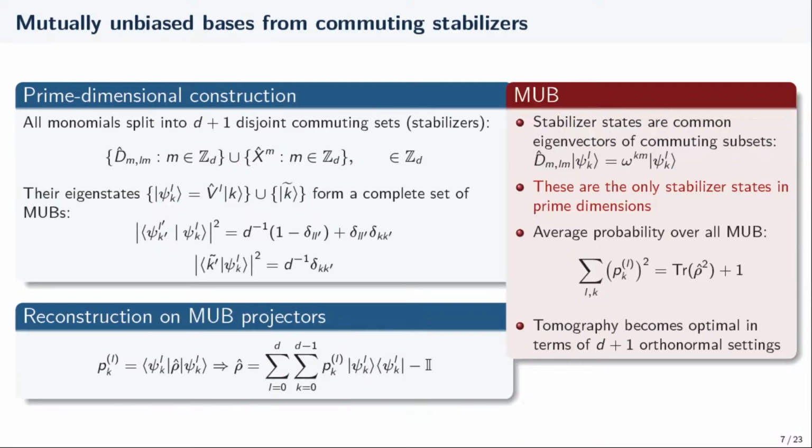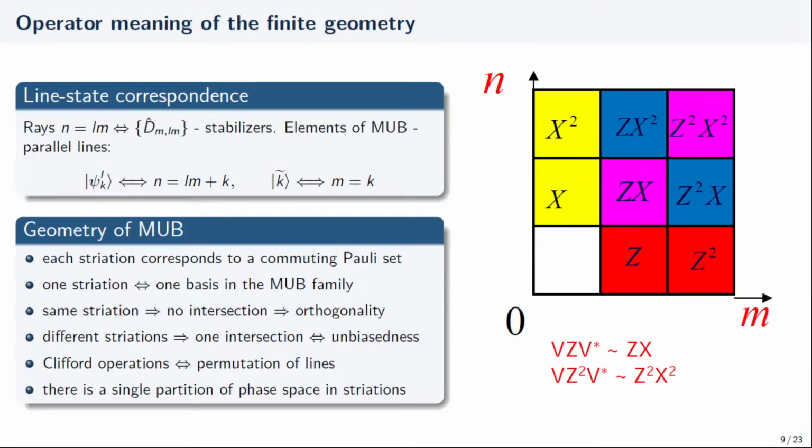The interesting point is that in this case, we can do the same. For instance, if we apply this rotation operator to Z, what will we have? We'll have Zx. We apply it to Z square, and we have Z square X square. What does this mean geometrically? We have this line, and there is a rotation, represented by a symplectic operator, which transforms this guy into that guy, and so on.